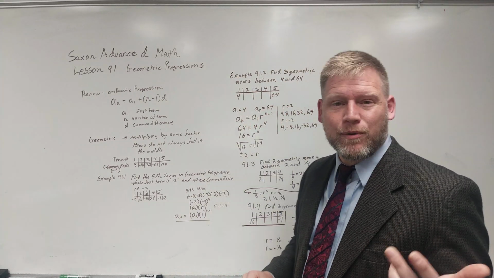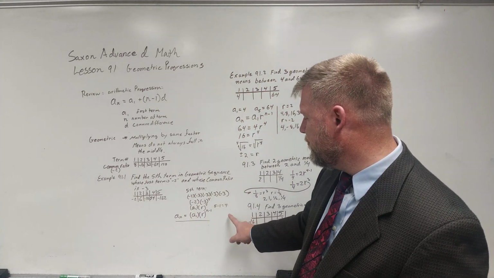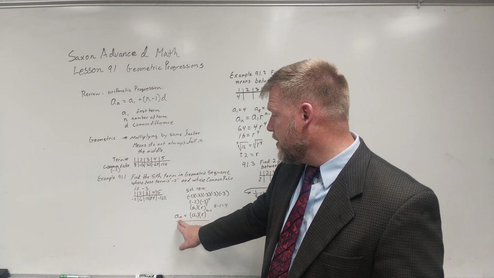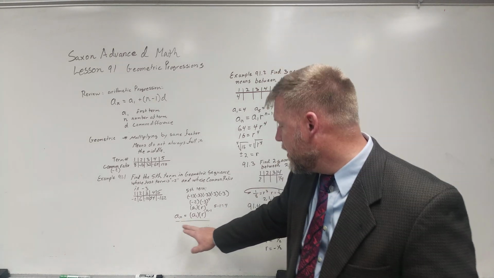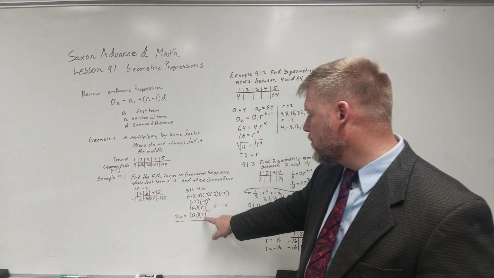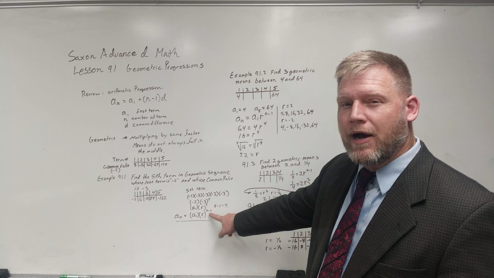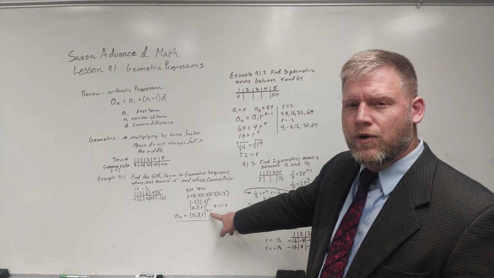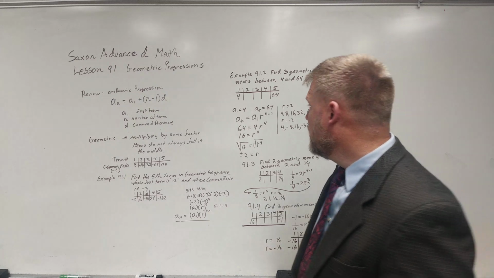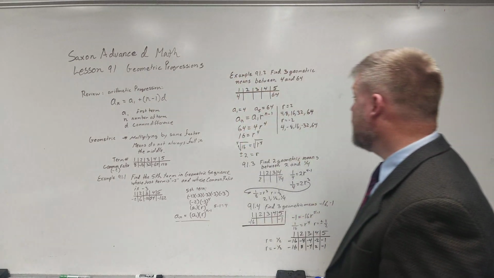Well, I would say the number of the term minus 1. 5 minus 1 is 4. So I can derive this formula. The a_n, the nth term, is equal to a_1, that's our first term, times our common ratio brought to the power of n minus 1. n minus 1 is always 1 less than the number of the term that it's in.